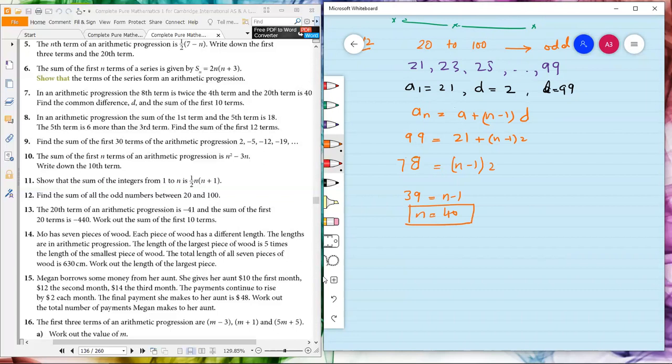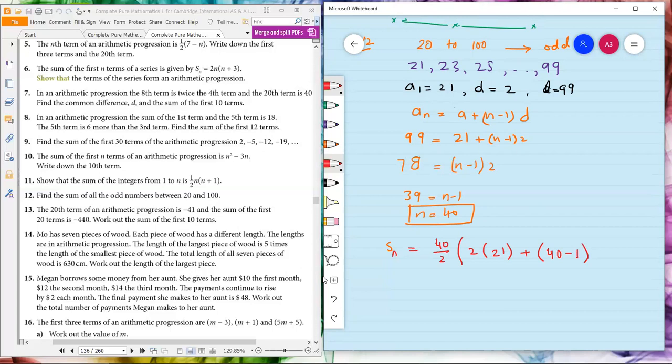Now use the formula for sum S40. We just calculate all the odd numbers. There are 40 terms, so Sn is 40 divided by 2 times. Now you can use the normal formula, a1 plus (n minus 1) into d. We could also have used A plus L, since we know the first and last term.